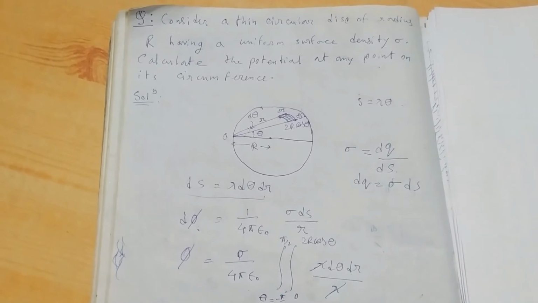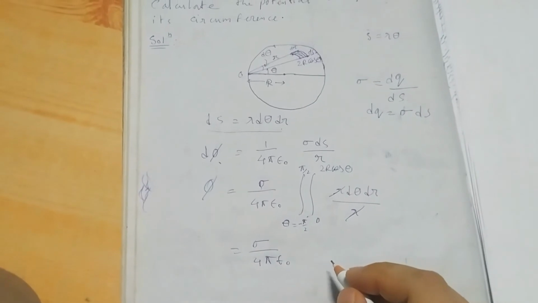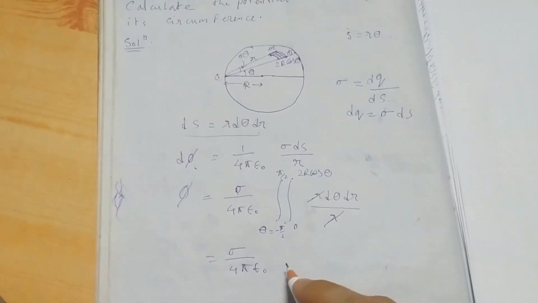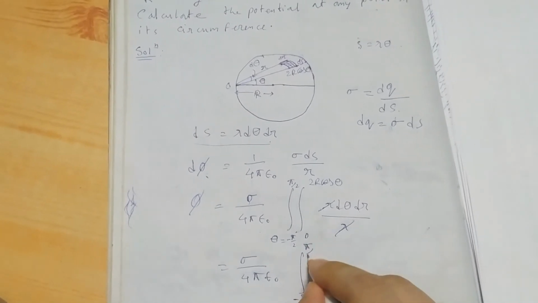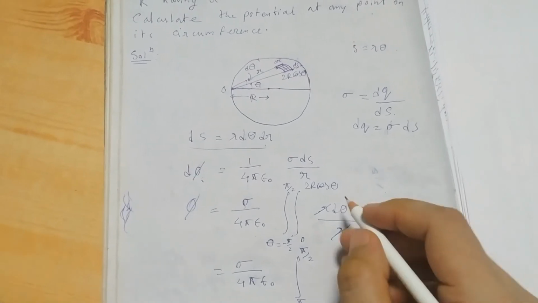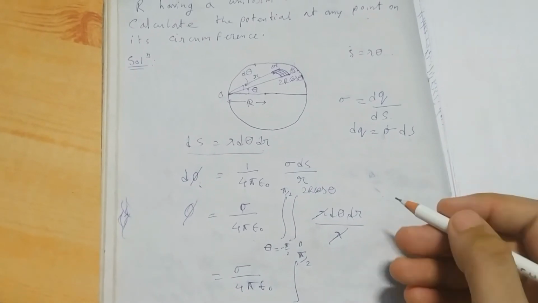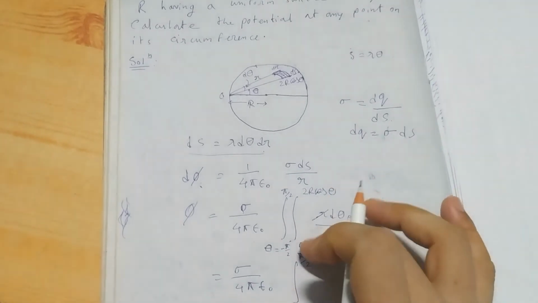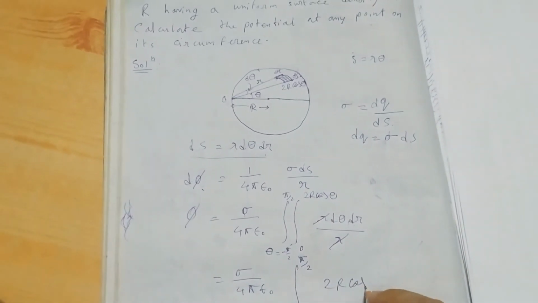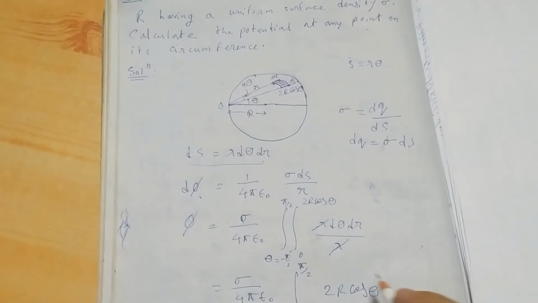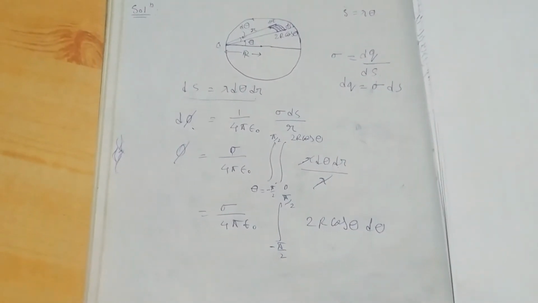Now, first, if we integrate this dr, we will get only small r, upper limit minus lower limit. If we do that, we will get 2r cos theta minus 0, so that I am not considering that d theta.